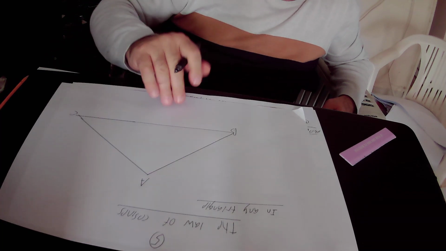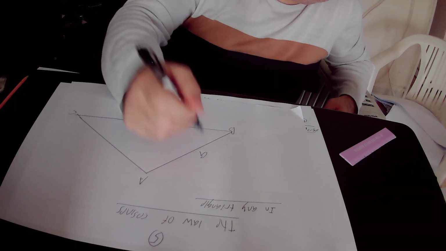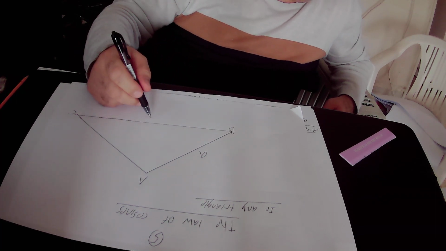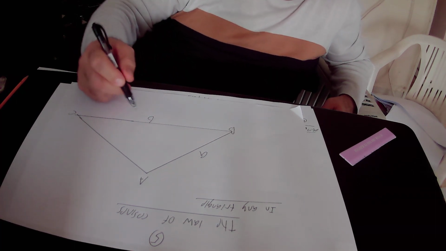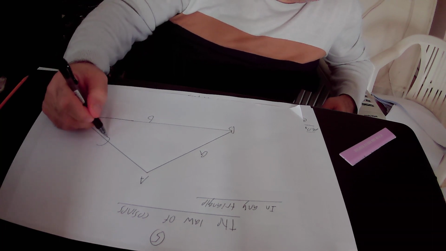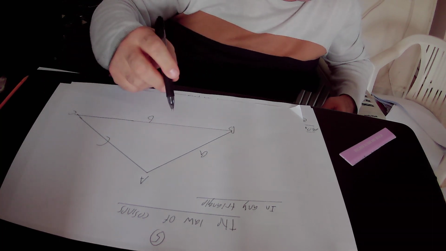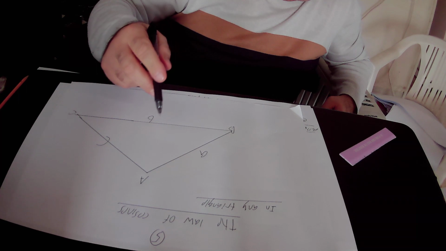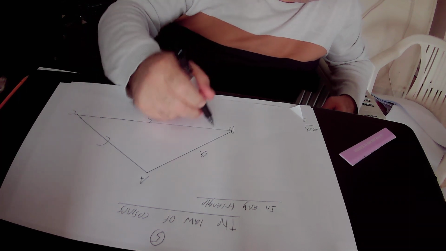And we know that AB equals A units, BC equals B units in its length, and AC equals C units in its length, and the angle between side AB and side BC is angle theta.